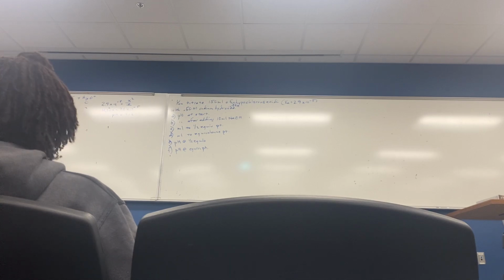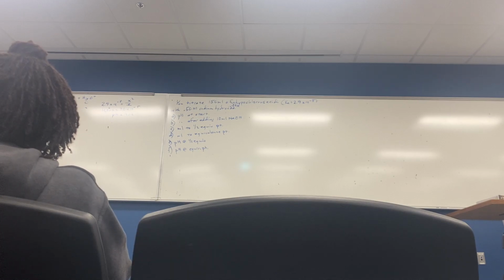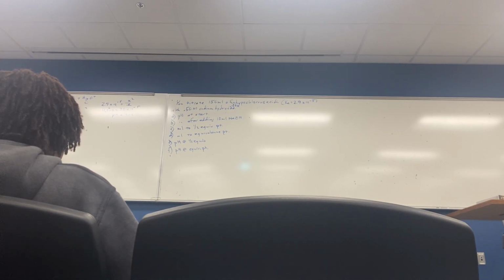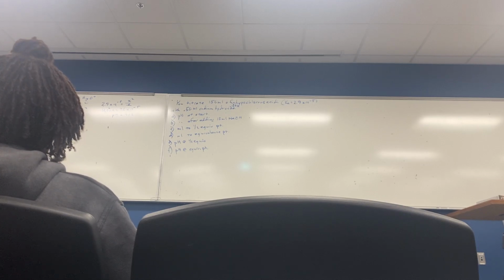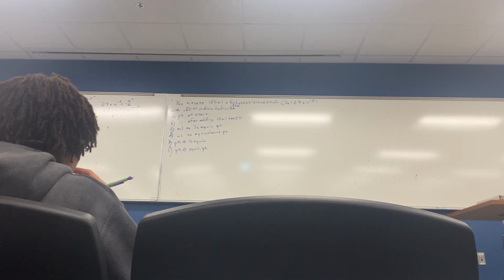That's right. 0.20 moles per 1 liter equals X moles over 0.15 liters. I've got 150 mils of 0.2 molar solution. If I solve for X, I get 0.03.